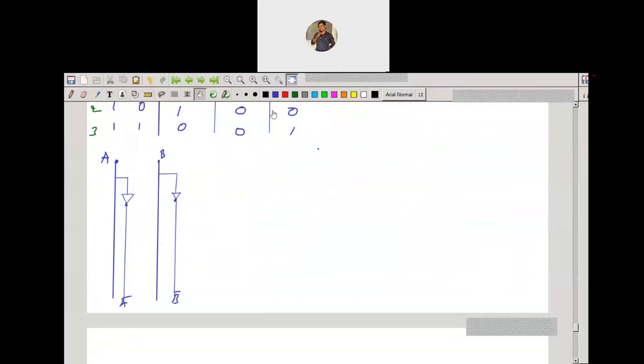So first let me go for A more than B. For A more than B, we need A and B bar. We need the input A as well as the B bar input, and with them we need an AND gate giving A B bar.